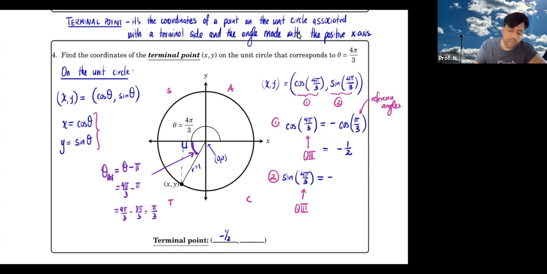And 4 pi over 3, we already know the reference angle to that is pi over 3. So we're going to evaluate sine 4 pi over 3 by first finding negative sine of pi over 3. So sine of pi over 3, we've discussed that before in the previous lecture, what sine of 60 degrees is. It's going to be negative rad 3 over 2.